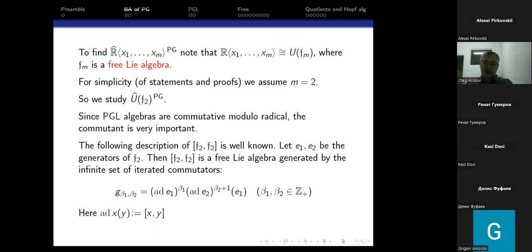These generators are iterated commutators. If we denote the adjoint operator by ad x, to get G beta 1, beta 2, we apply ad e2 several times, in fact one more time than beta 2, and next we apply ad e1 several times.